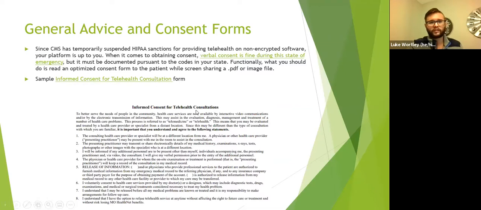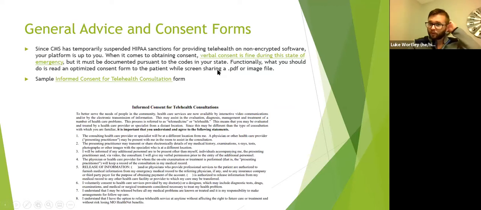It's a very succinct one-page form that you can gain on whatever your chosen platform is. Literally just share the screen, go through each particular bullet point here, and then obtain consent that way.